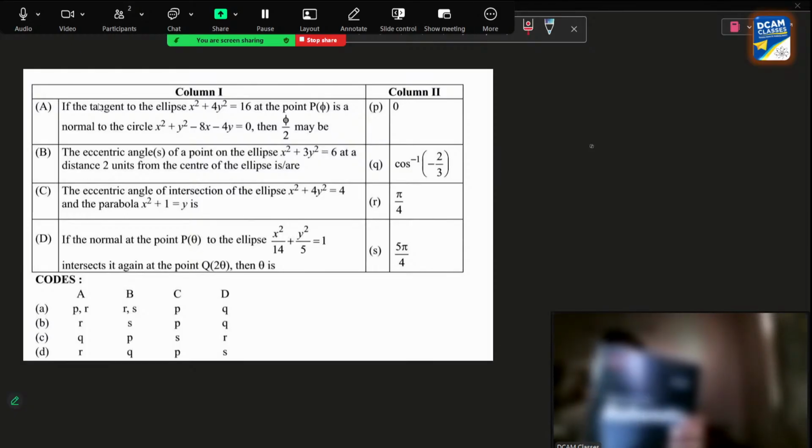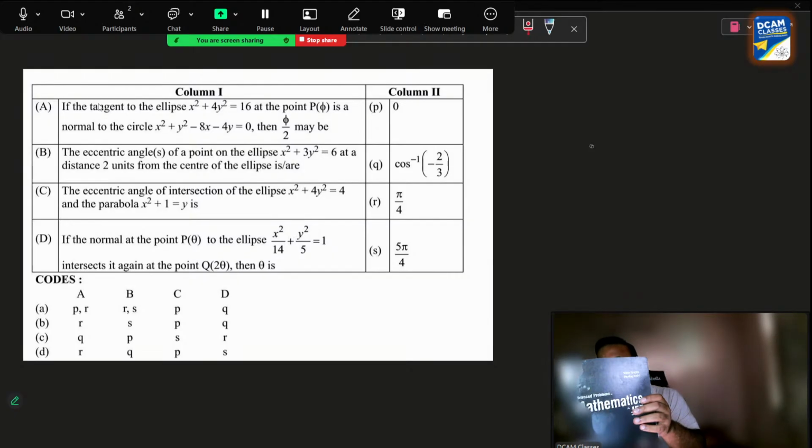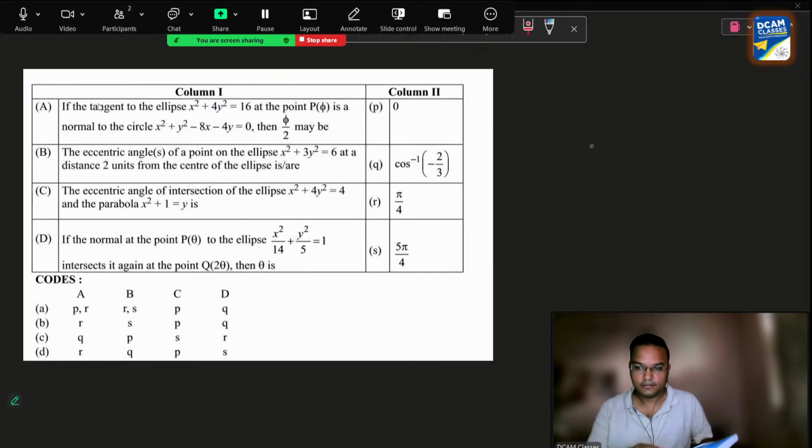Able to see? Yes, sir. This is the Black Book. See, we find a good question here.